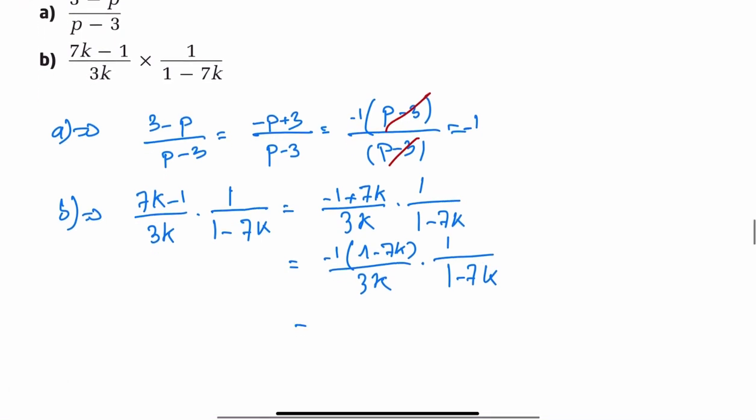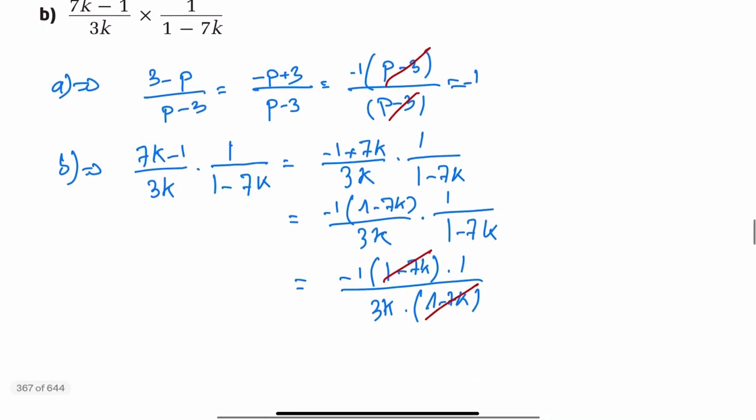So this is minus 1 times 1 minus 7k times 1 divided by 3k times 1 minus 7k. Now I can cross out 1 minus 7k because I have it at the top and the bottom, so I can just remove it. So I will end up with minus 1 over 3k.